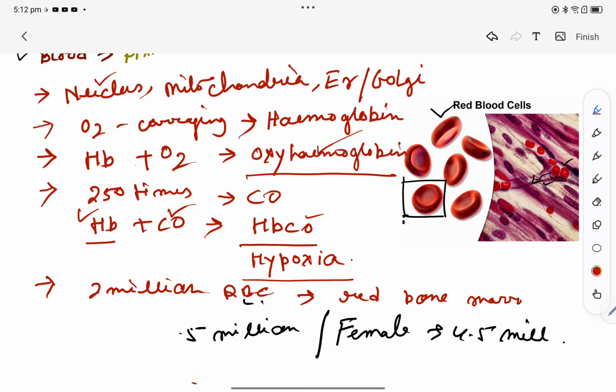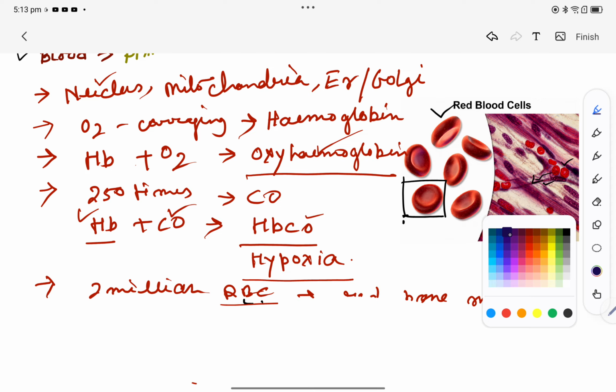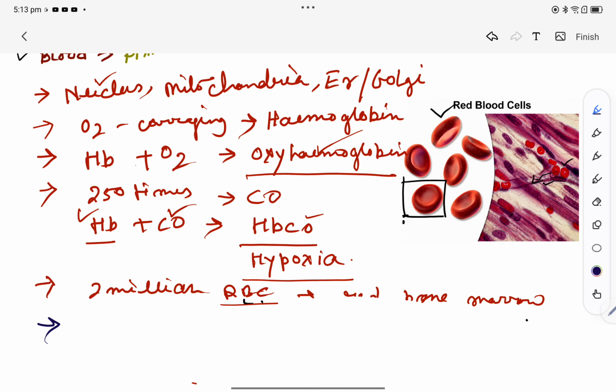In case of adult human beings, RBCs are formed in red bone marrow. As they do not have a nucleus, their lifespan is much shorter, only 120 days.